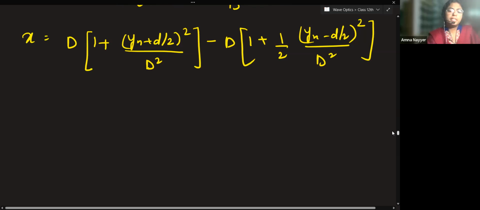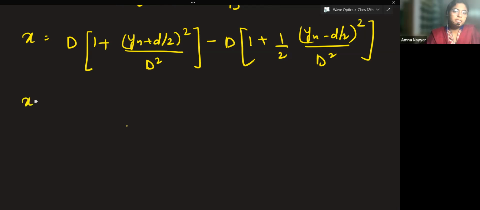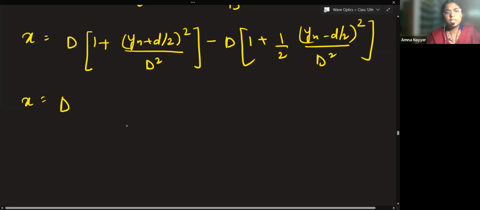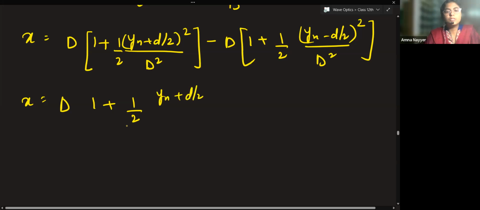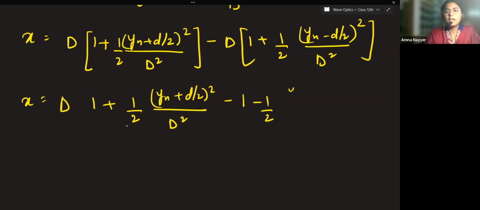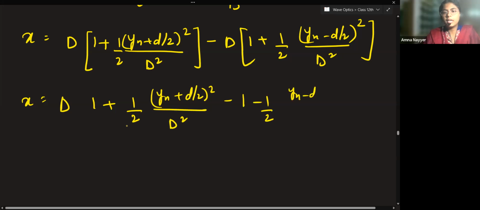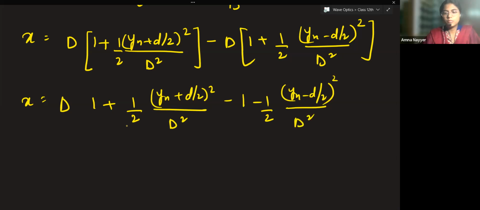So X will be equal to capital D common, 1 plus half (yn plus D by 2) whole square by D square, minus 1 minus half (yn minus D by 2) whole square by capital D square.